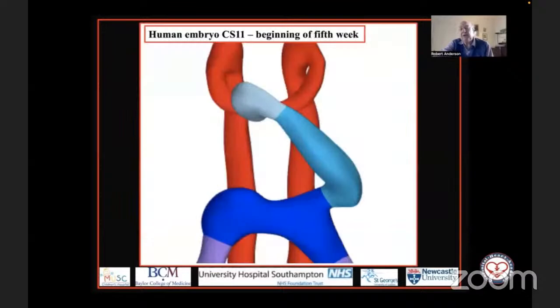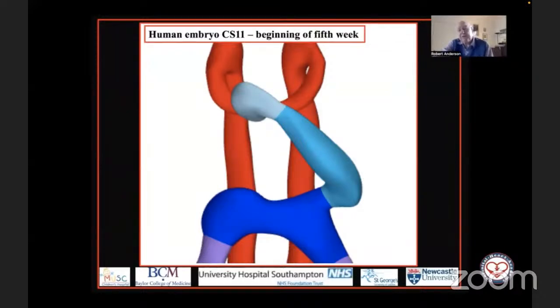This is our starting point. This is the stage at which we can see the ventricular loop. It's beyond the straight heart tube stage. It's what we call Carnegie stage 11, CS, you will remember, standing for Carnegie stage. And this is at the beginning of the 5th week of human development. 28 days have passed since the conception of the embryo.